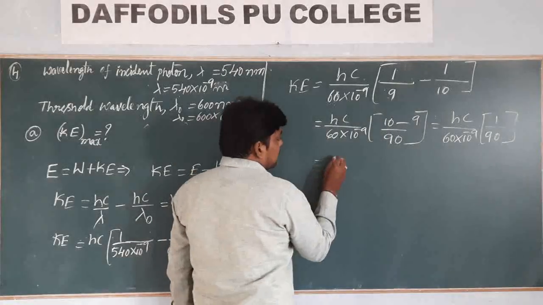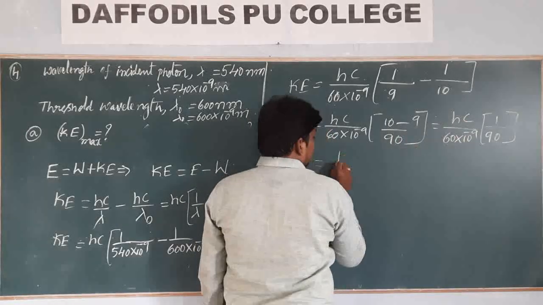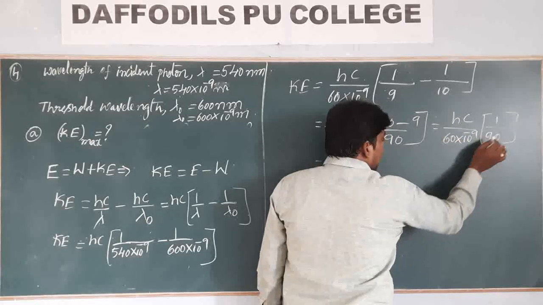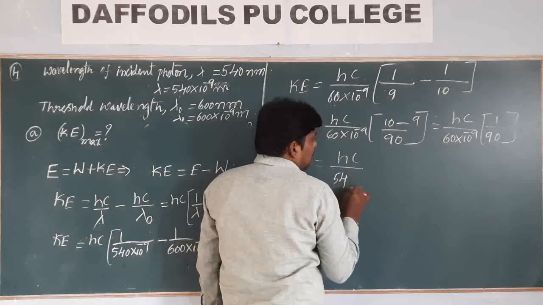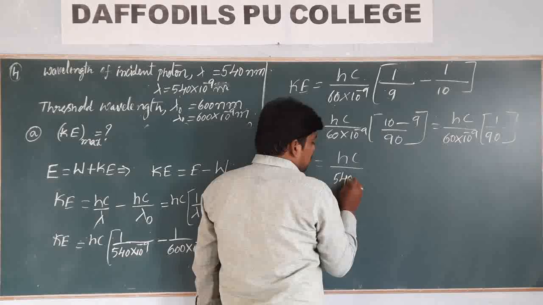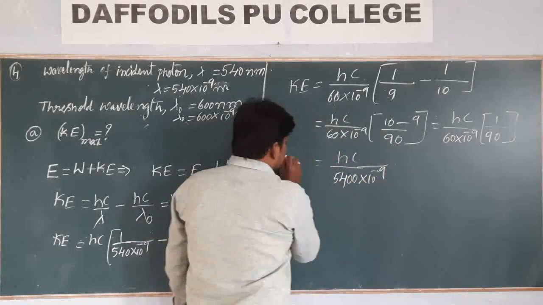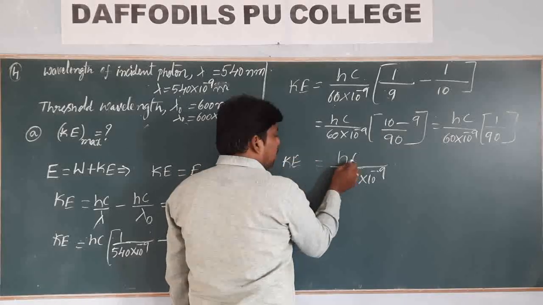Now simplify this one. That is hc, the h value and c value. Here 60 into 90: 6 9s are 54, so 60 into 90 means 5400 into 10 to the power minus 9. This is the kinetic energy, but we have to simplify this one.